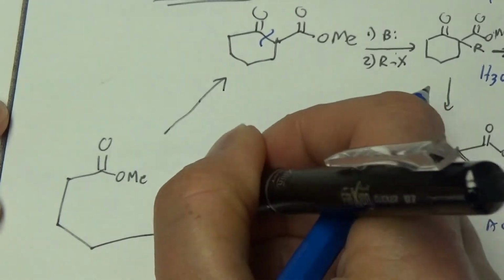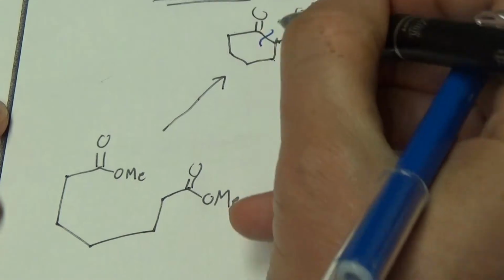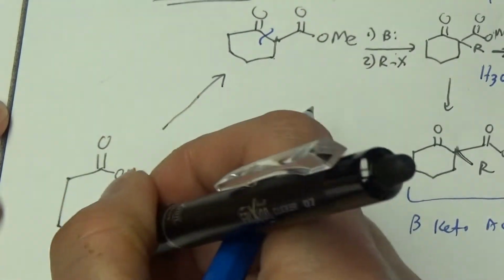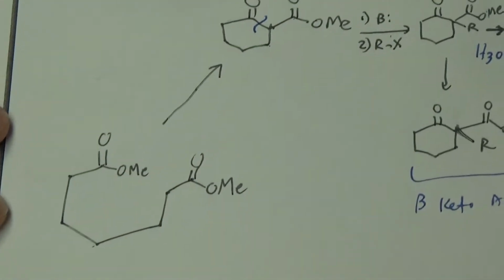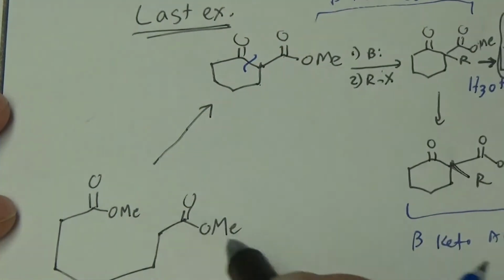It's actually 7 carbons total, I think. 1, 2, 3, 4, 5, 6, 7. And here I'm using methyl esters.